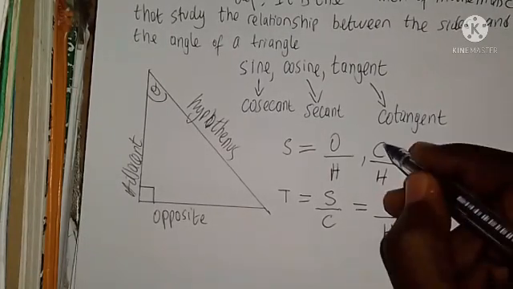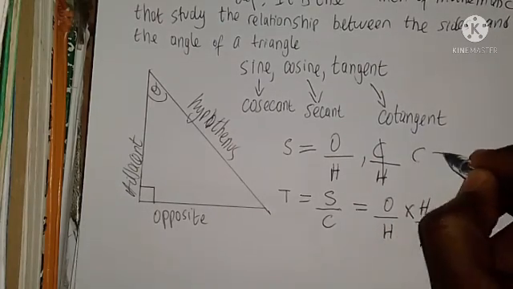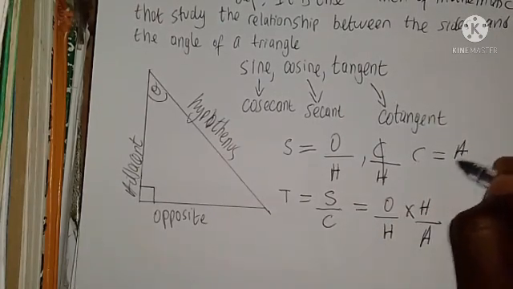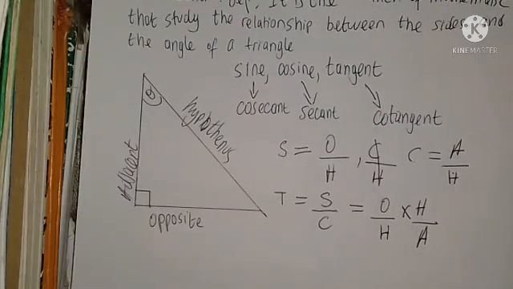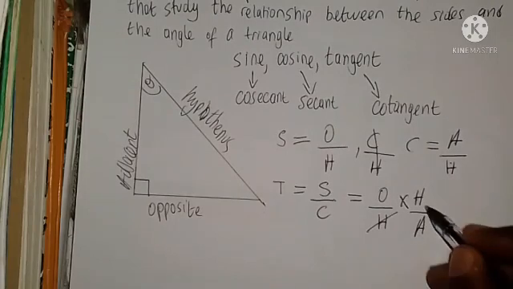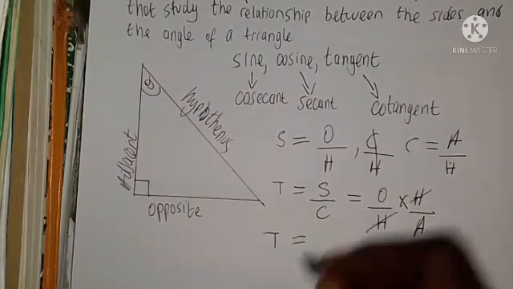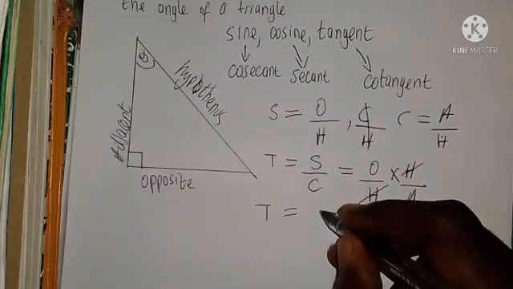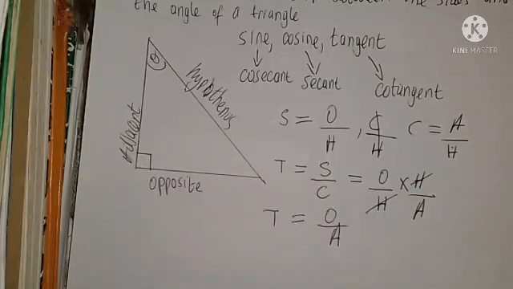Excuse me, here we're supposed to have c equals a on h. Now the h and the h cancel, so t will be equal to o divided by a. This is the formula for tan.